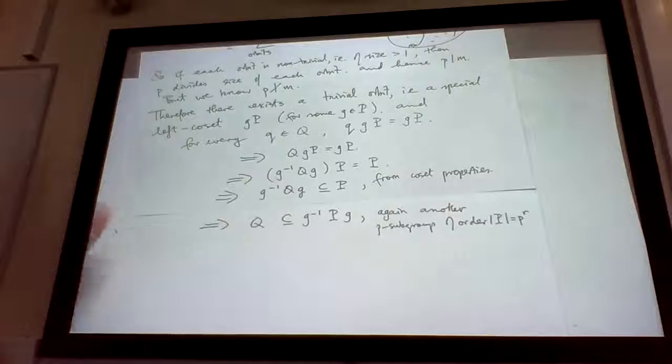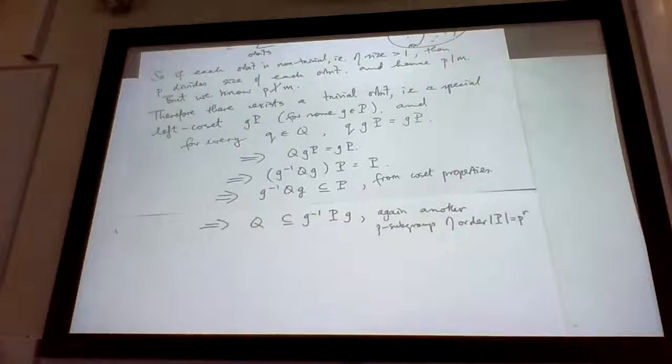The Q was a maximal p-subgroup, a p-subgroup that was not contained in any bigger one. It seems to be contained in a bigger one. What's the only way to resolve the two?